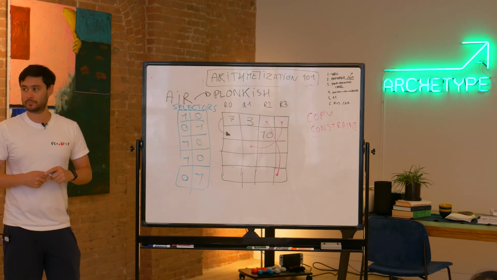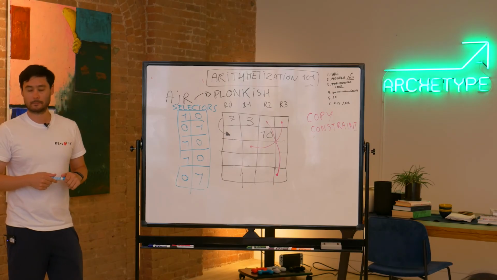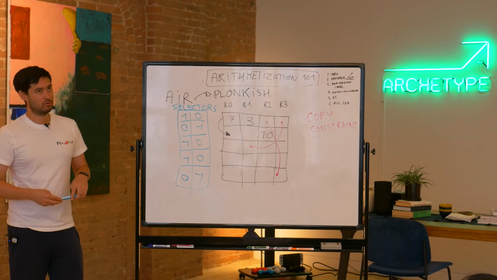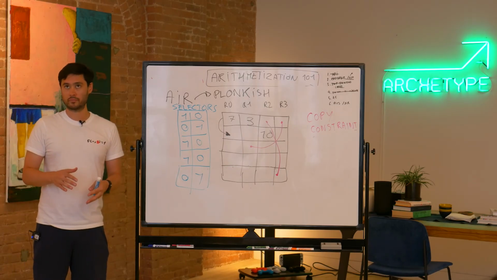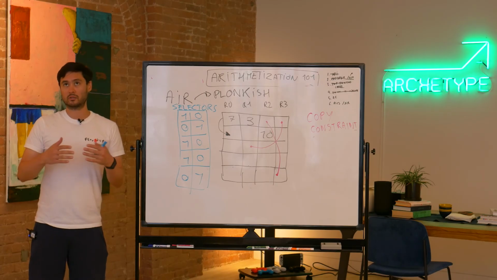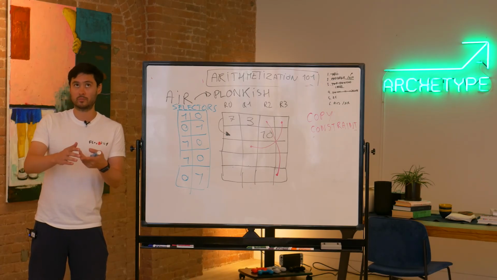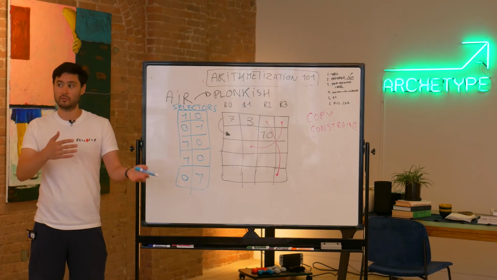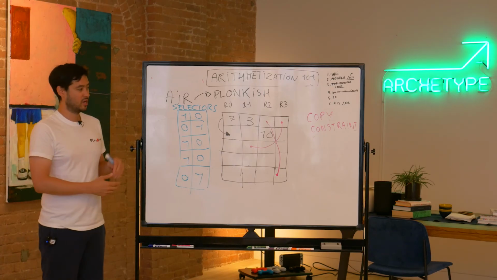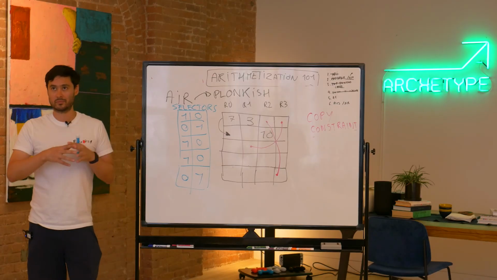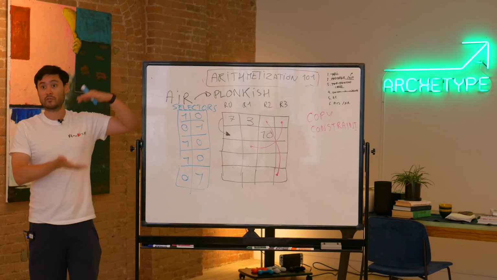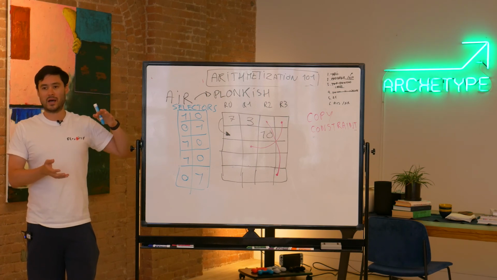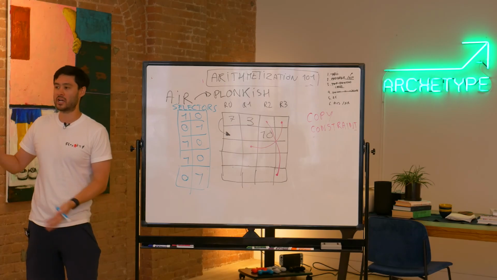Question? Is there an easy example of some sort of computation that is well suited for AIR versus Plonkish? For example, usually you're going to use these things if you have complicated constraints, for example for hash functions or elliptic curve operations. Without nice constraints of higher degrees, you would have to create a lot of constraints to just add two elliptic curve points together, or do one hash function.